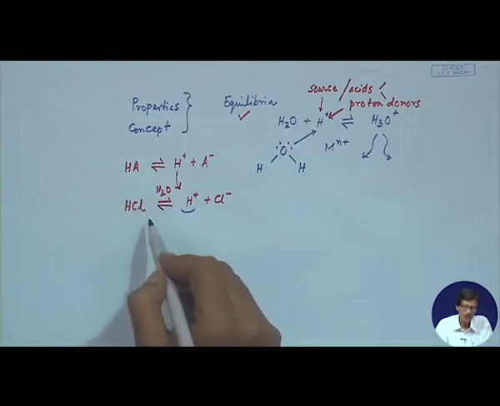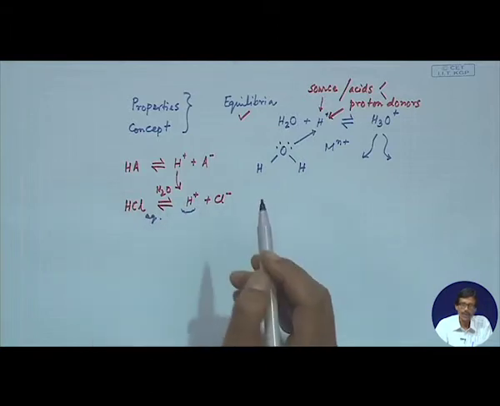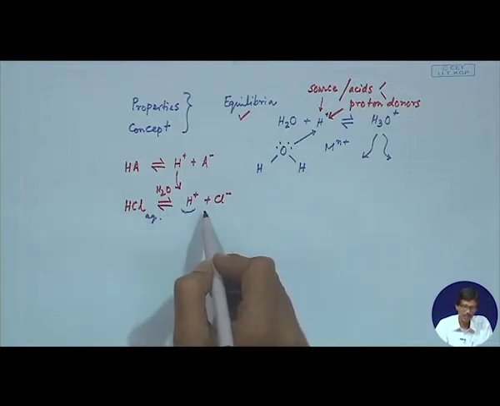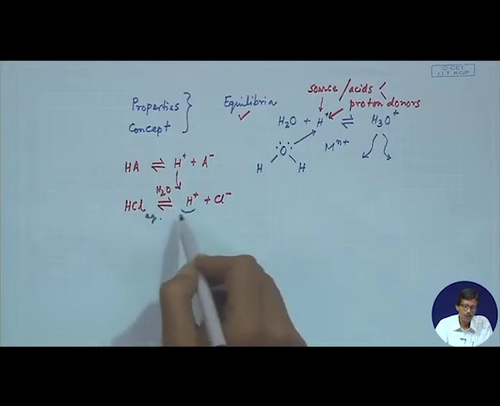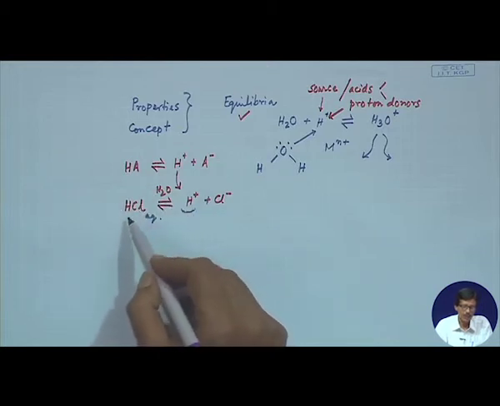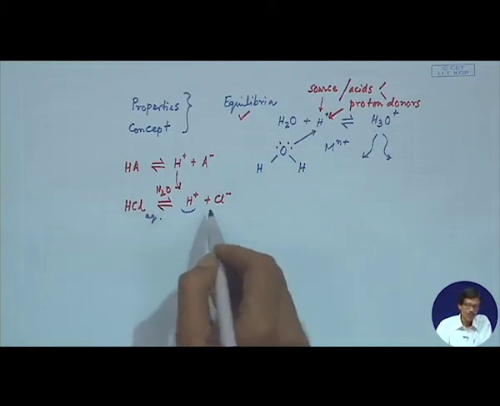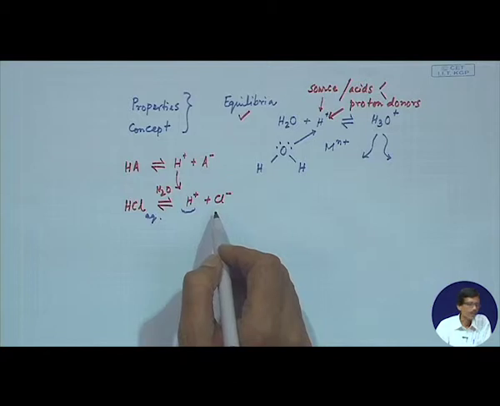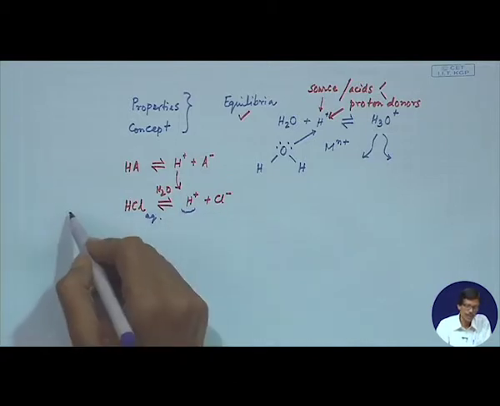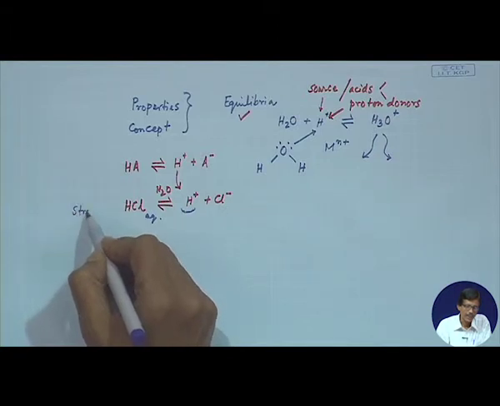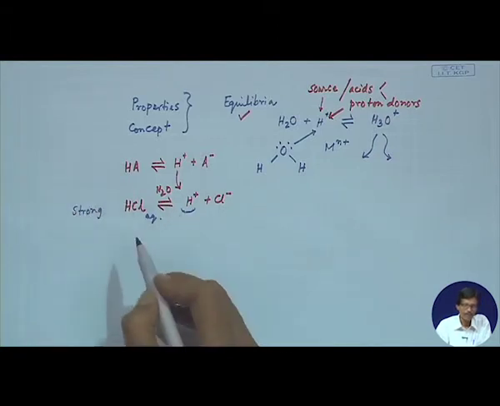We all know the aqueous solution is the corresponding acid where dissociation can take place, and if almost all of them give you H plus, whatever number of H you have is available from the HCl molecule itself. So, if the dissociation is almost complete, we can label this as a strong acid.